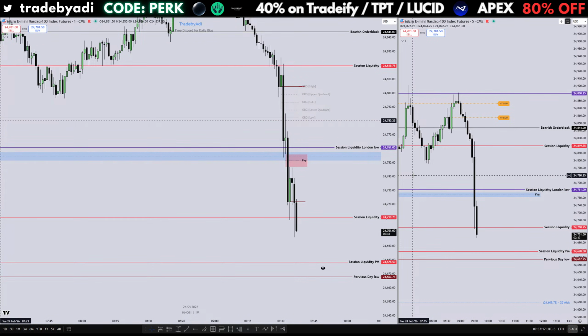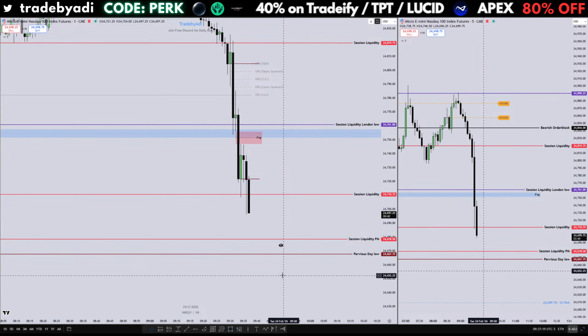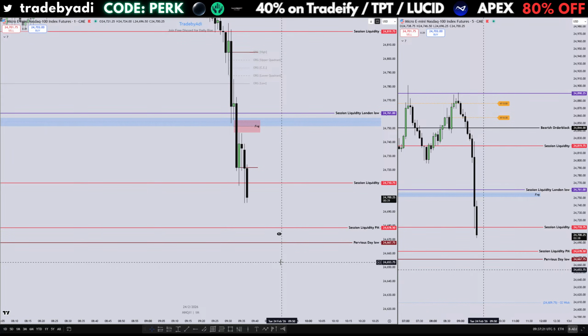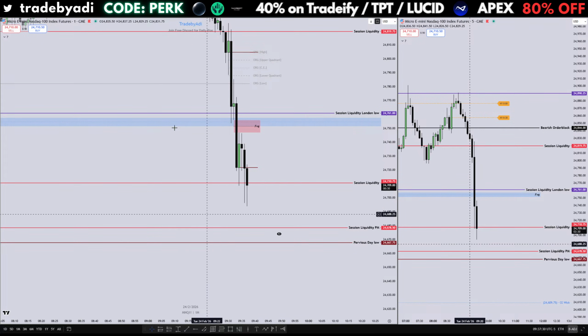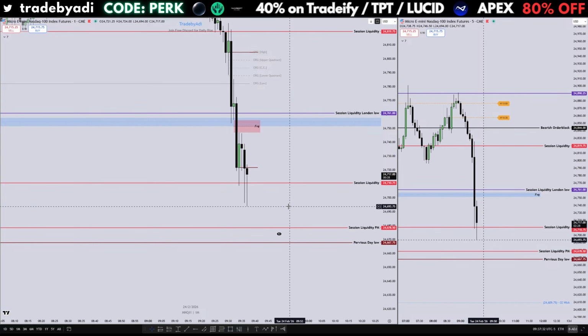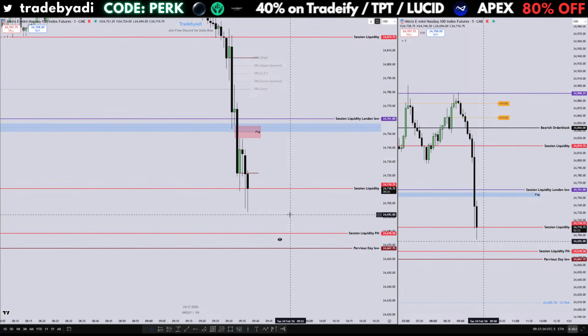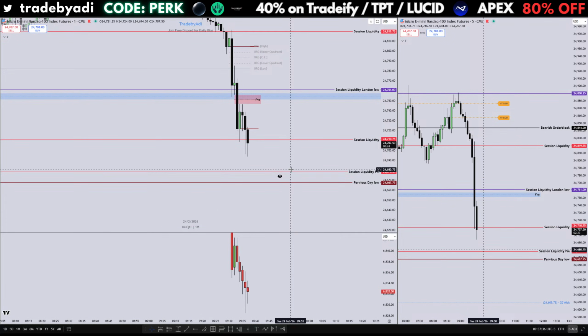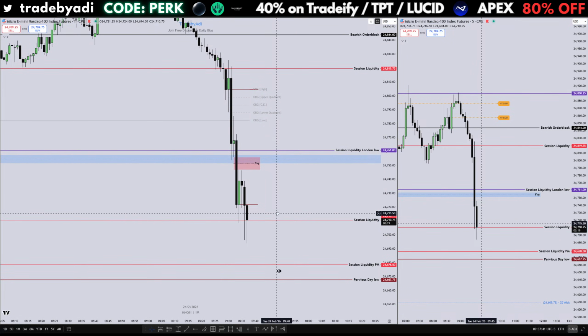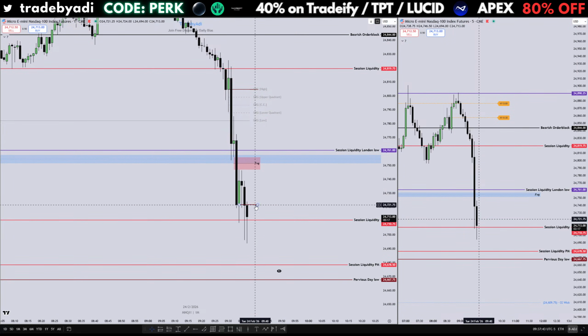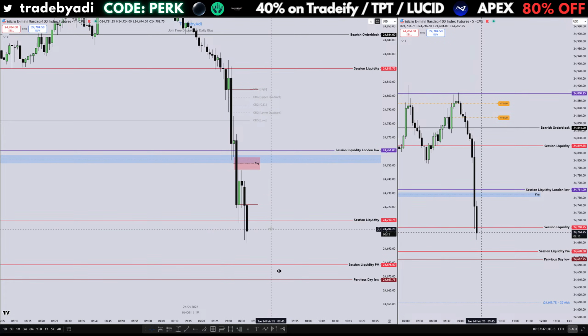Where is the bearish triangle? I just don't like this order block. It is going to work, but I just don't like this order block.